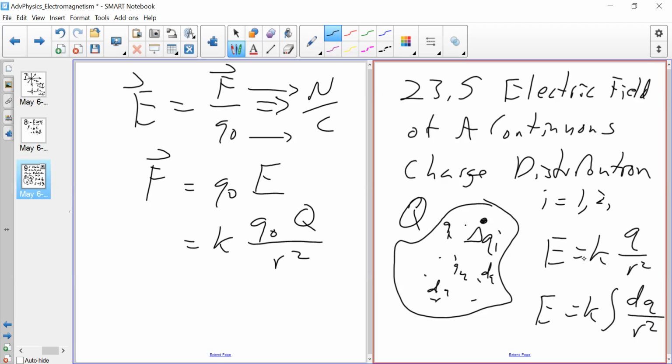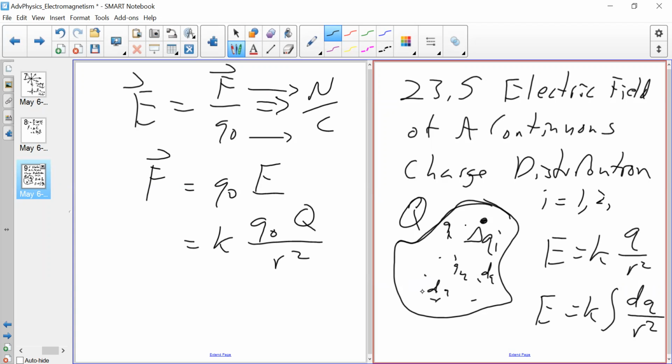And when we sum them up, we get a large Q. But we just can't pull big Q out of here because this is not a point mass as we had it. It's a point mass based on the geometry of the shape.